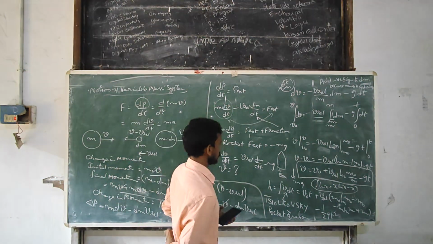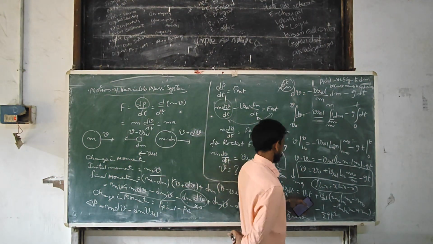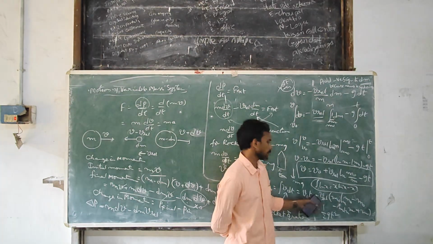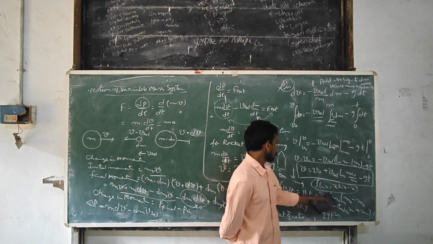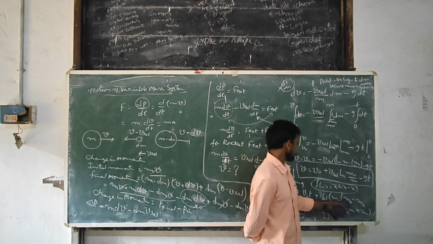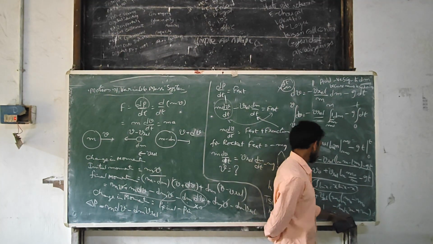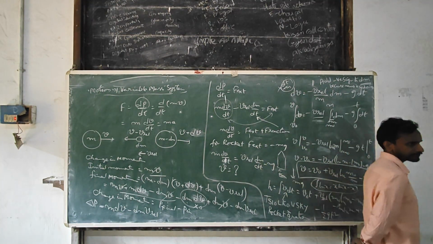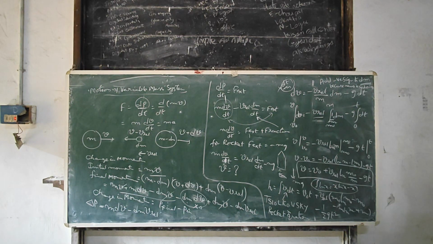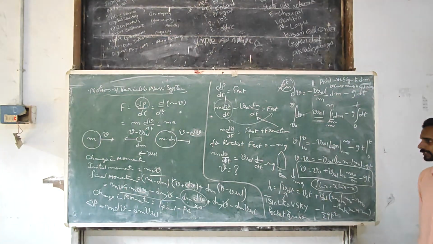Now what information do we need? All we need to know is the initial velocity, time of travel, relative velocity and the remaining mass. With that you can calculate the final height reached by the rocket.